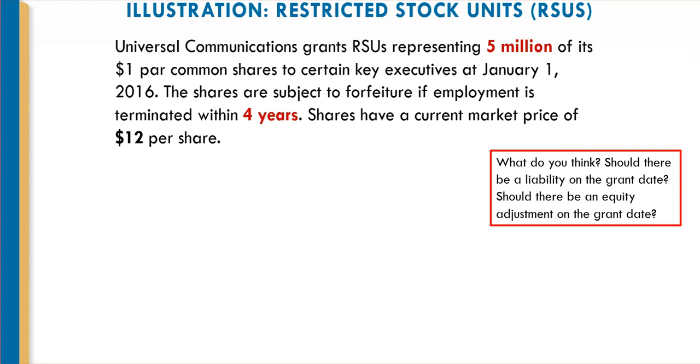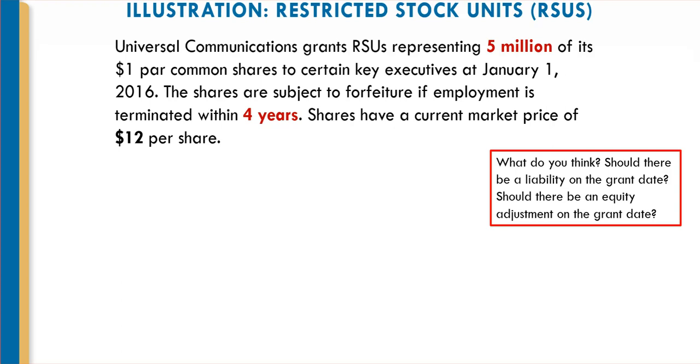So they have to continue working with the company to actually get the stock. When we record this transaction for 2016, we cannot call it stock because they're not getting stock yet. So we are going to call it paid in capital restricted stock units. Now, the other issue is the debit.